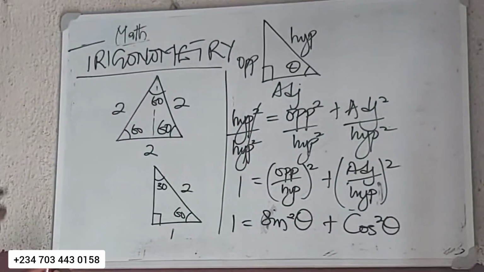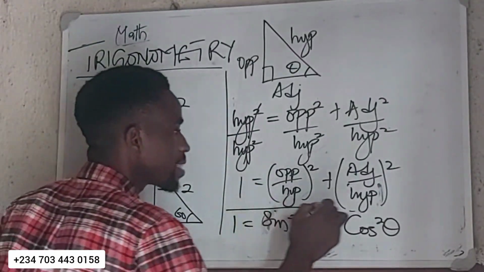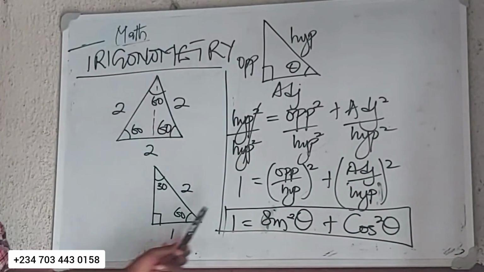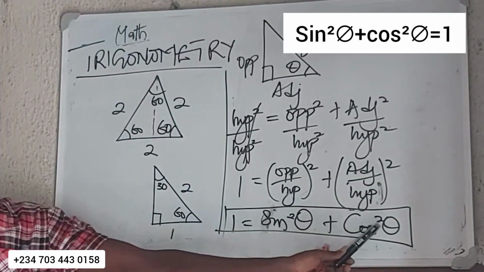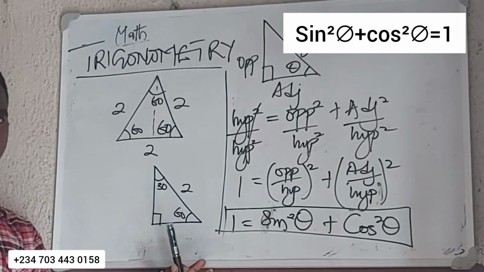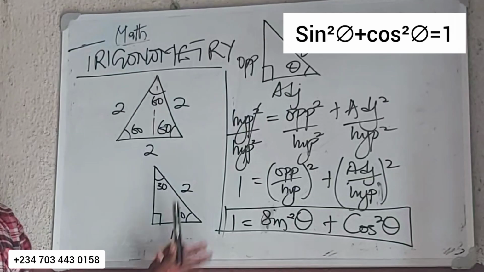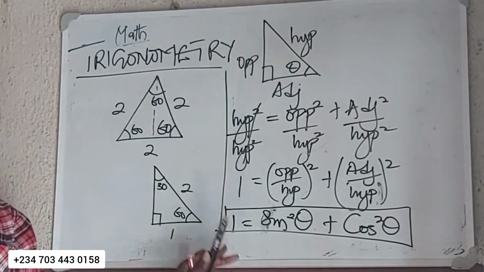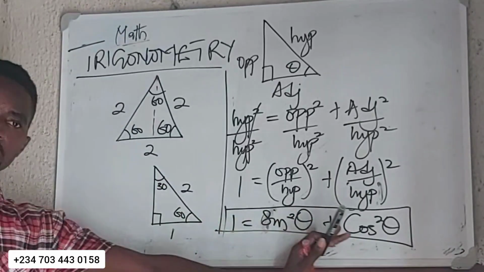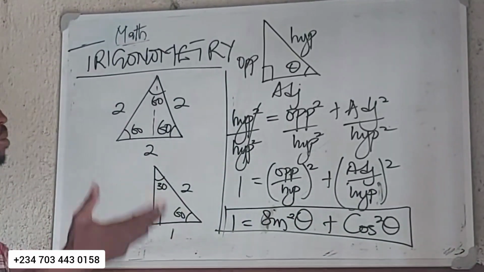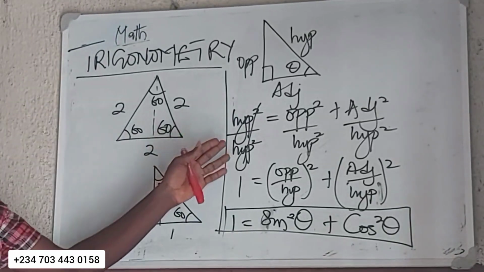So what I just established is a very important trigonometrical relationship, that sin squared theta plus cos squared theta gives me 1. This is a very important relationship. So we are going to keep this in mind. Remembering Pythagoras theorem, we'll keep that in mind also, and keep this one in mind. Very, very important.